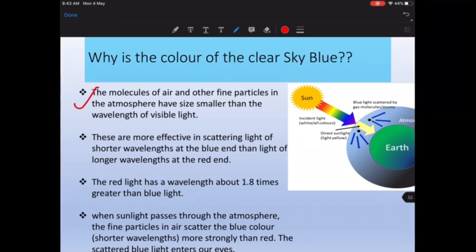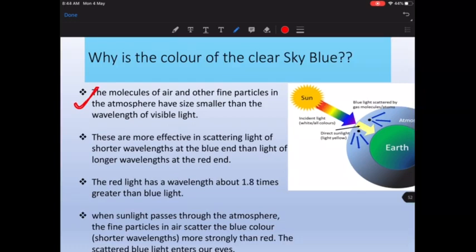First is that the molecules of the air and the other fine particles in the atmosphere have size smaller than the wavelength of the visible light. Most of the particles that we have here are much smaller in size, and these particles are only able to scatter blue light initially.